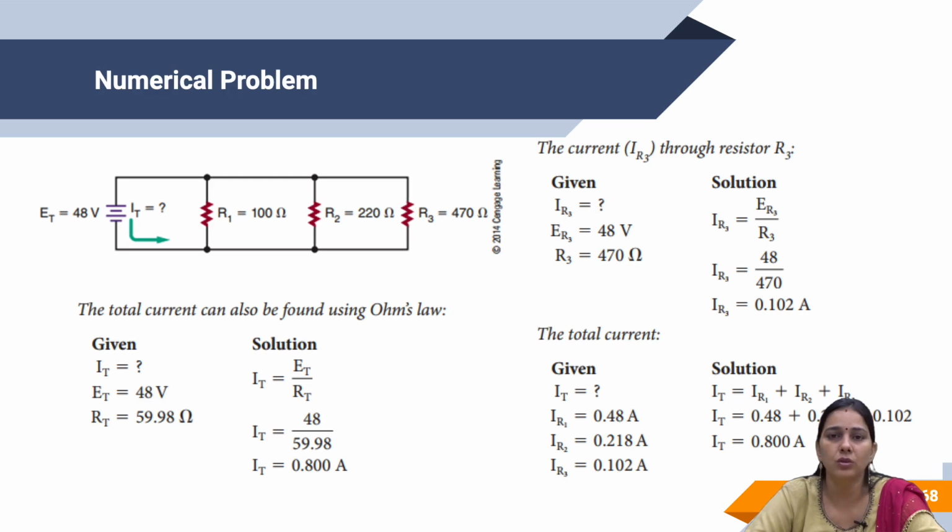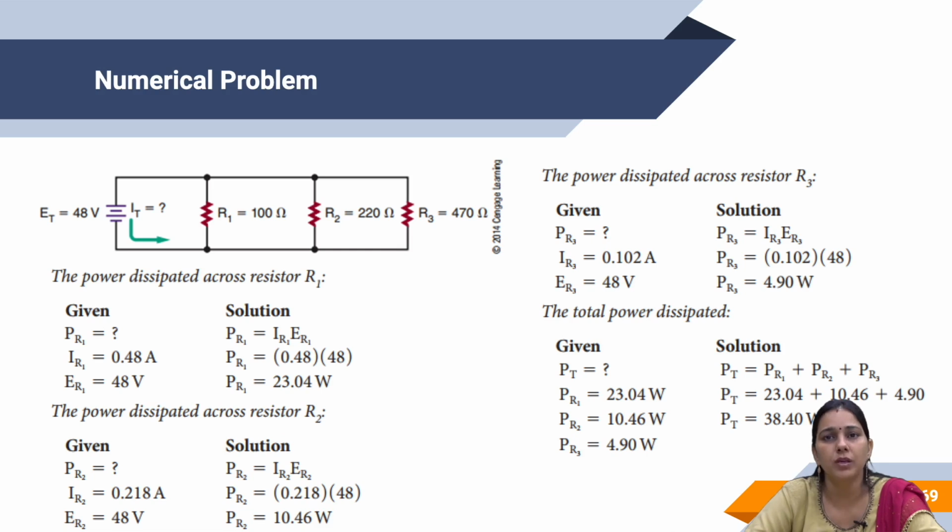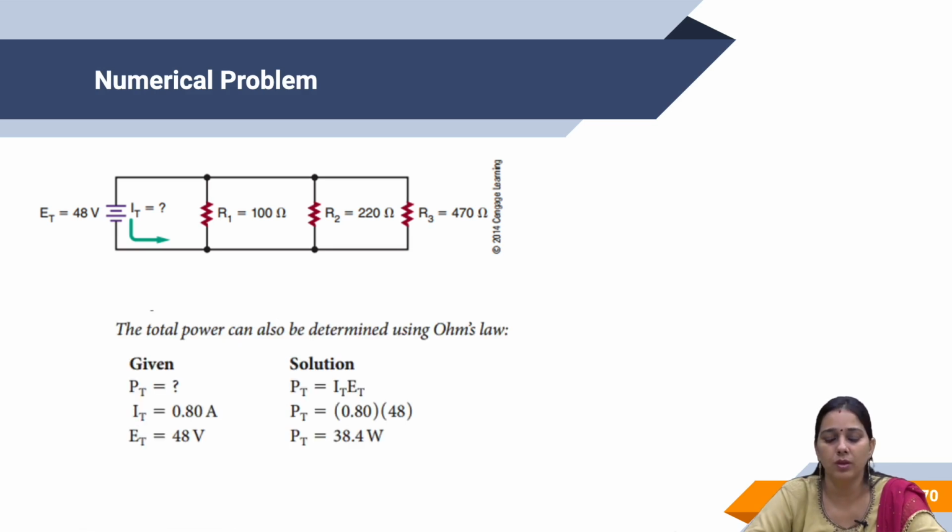Then the total resistance in series becomes twice R. The voltage drop will be equally divided across each of the resistances, and hence the voltage drop across each resistance is 4.5 volts. This is a numerical problem that you can solve and practice at your end.